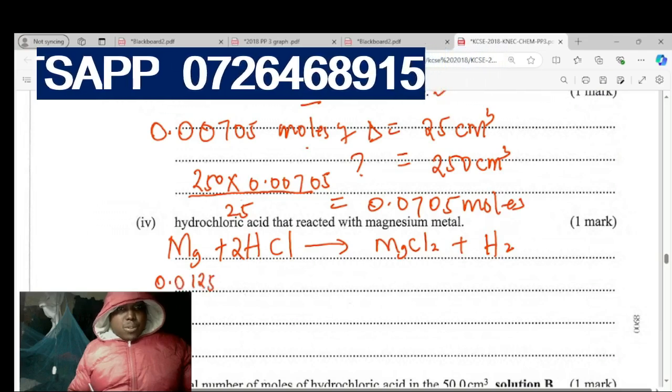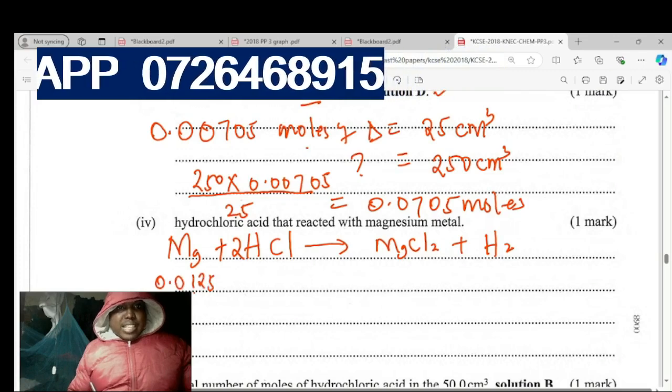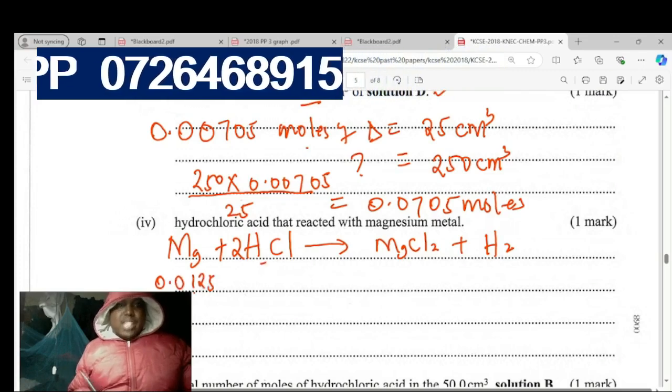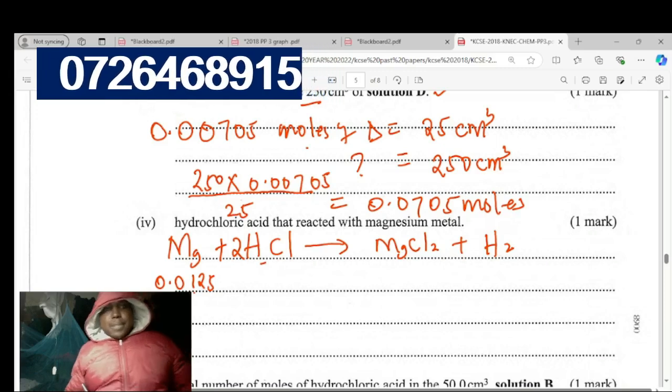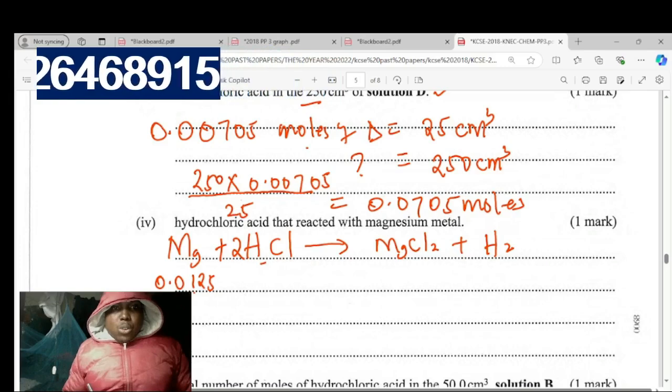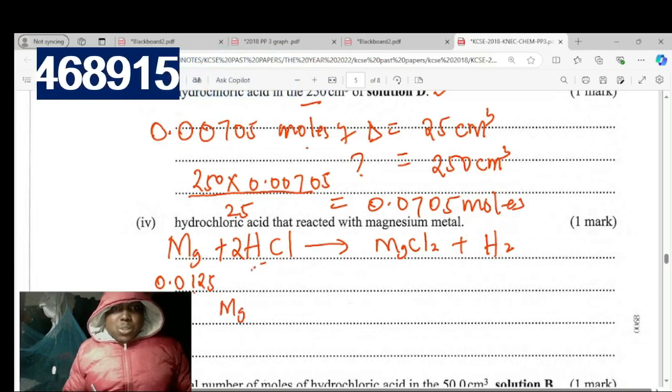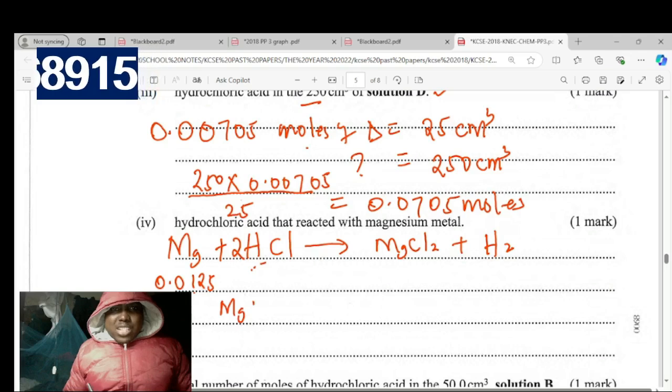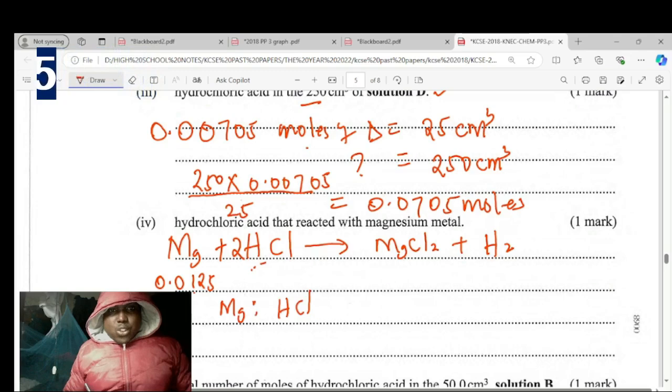Hii ni number of moles of magnesium yenye react na HCl mwanzo tukianza experiment. So tunataka kujua hii itakuwa ngapi, lakini you can see the magnesium to HCl ratio is 1 to 2 from the balancing. Hii moles zake ni 0.0125. So itakuwa ngapi? Itakuwa twice.